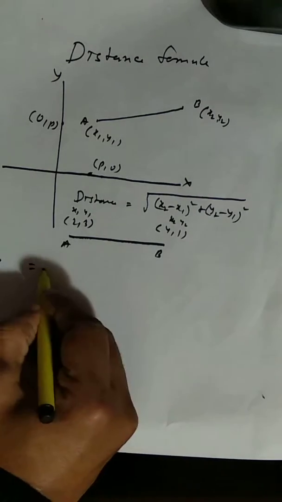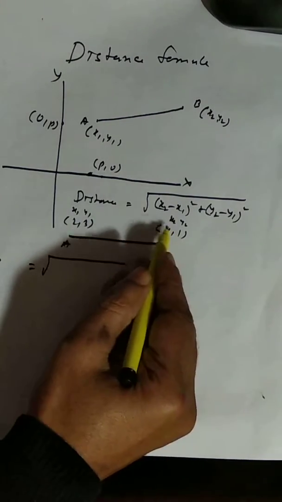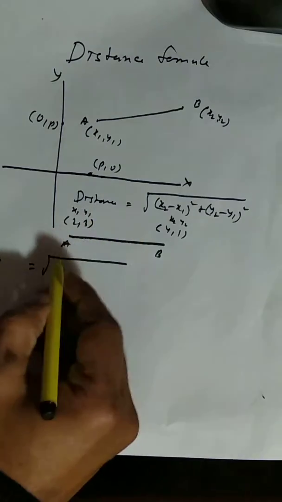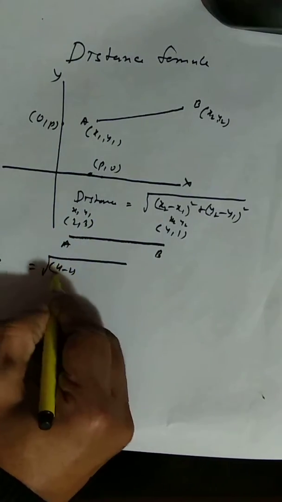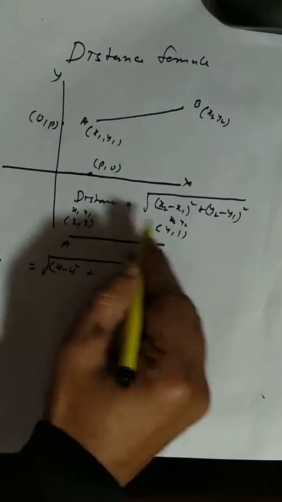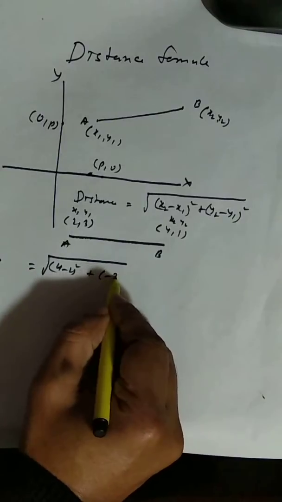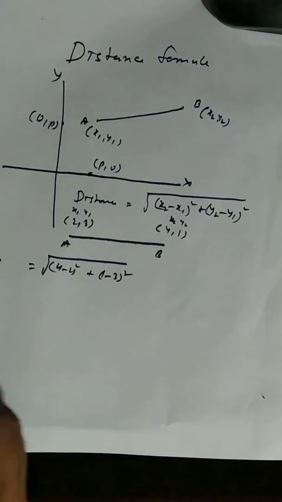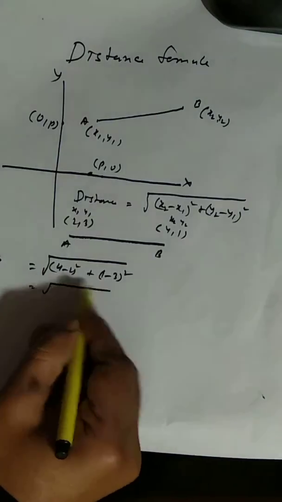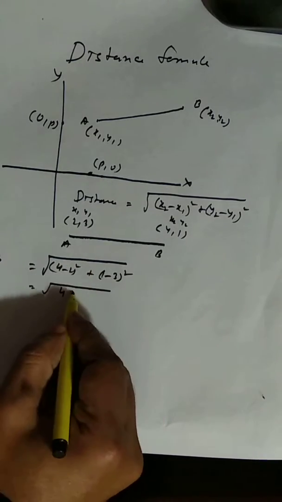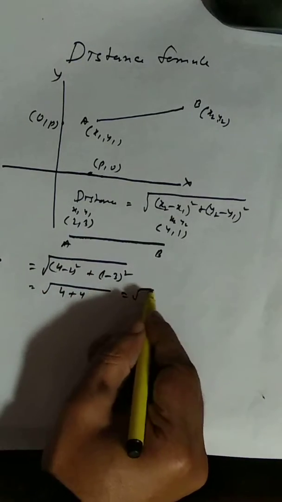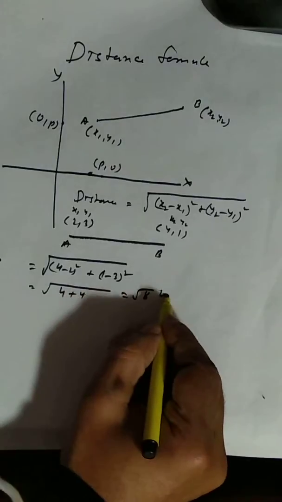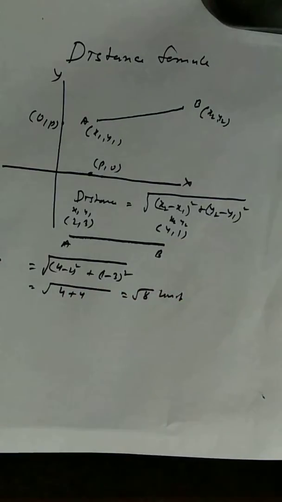AB distance will be the square root of (x2 minus x1, that is 4 minus 2) whole square, plus (y2 minus y1, that is 1 minus 3) whole square. So you get 2 square, that is 4, and minus 2 square is again 4. So square root of 8 units is your answer.